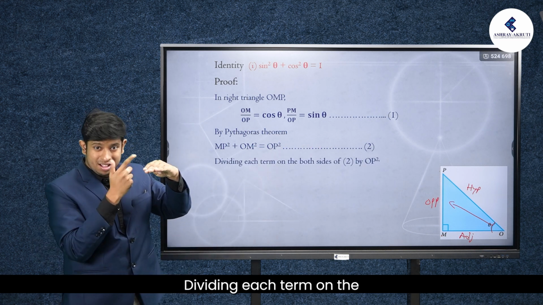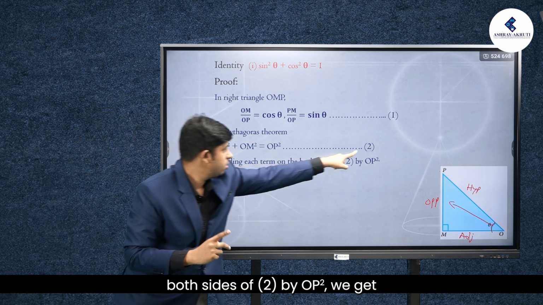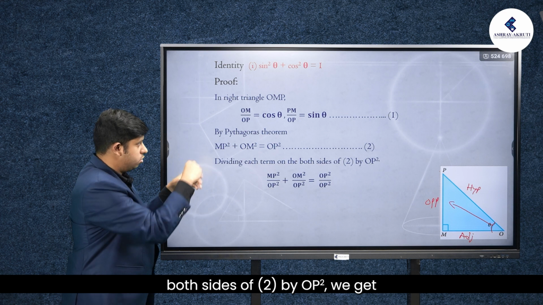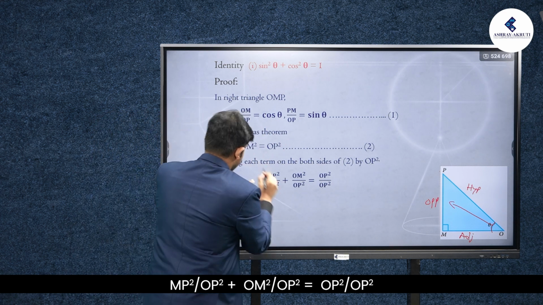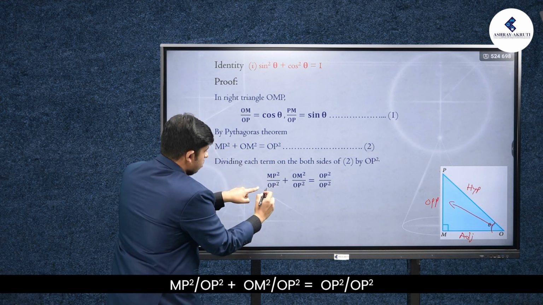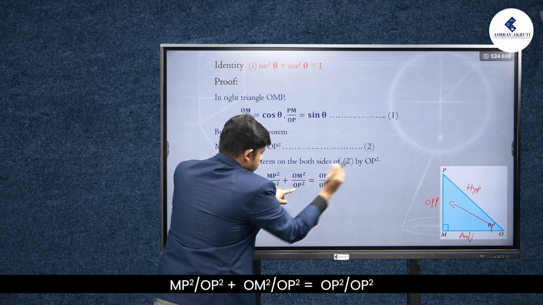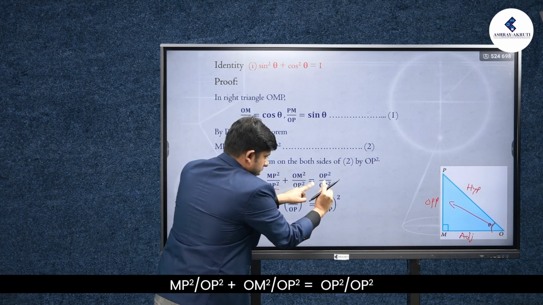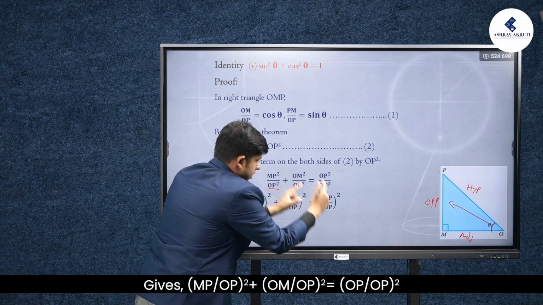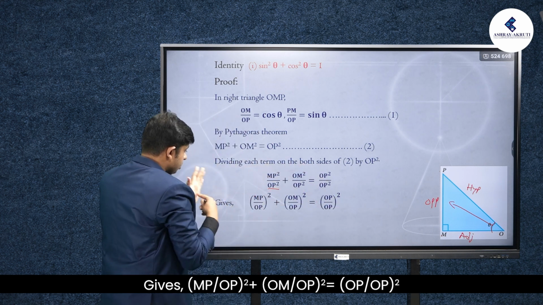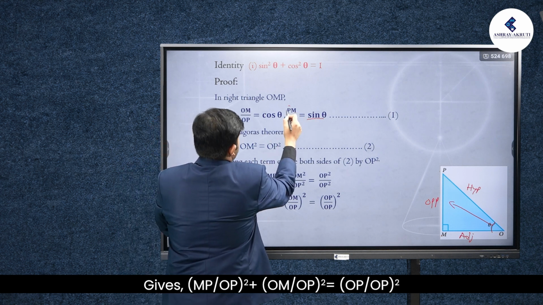Dividing each term on both sides of 2 by OP square, we get MP square by OP square plus OM square by OP square is equal to OP square by OP square. That gives (MP by OP) whole square plus (OM by OP) whole square is equal to (OP by OP) whole square.